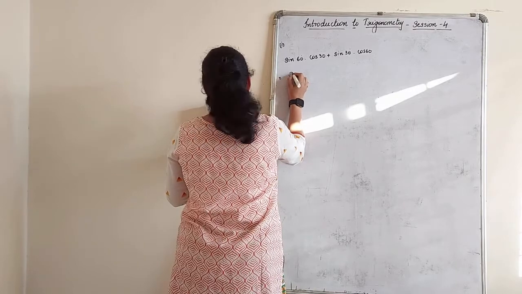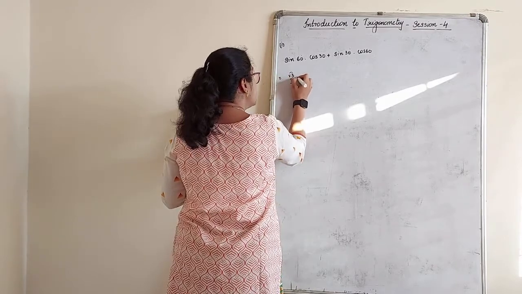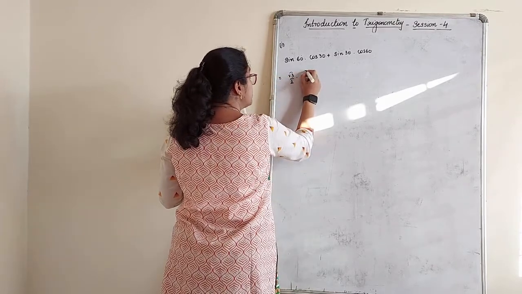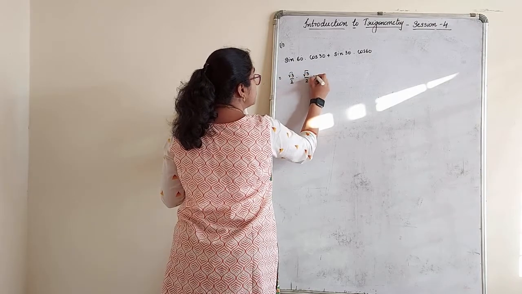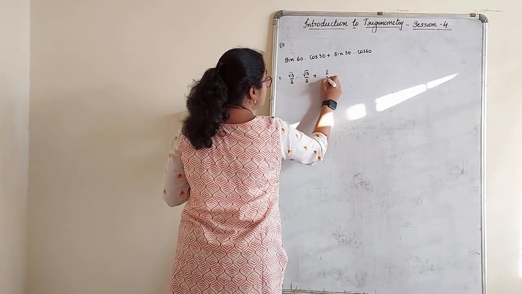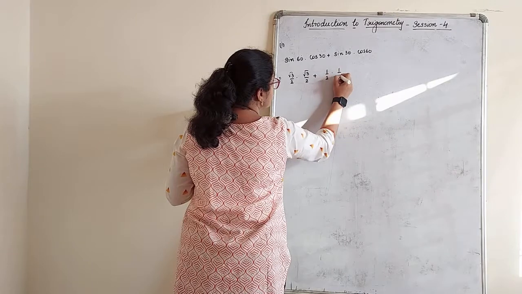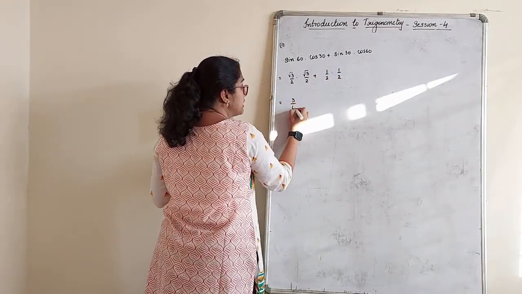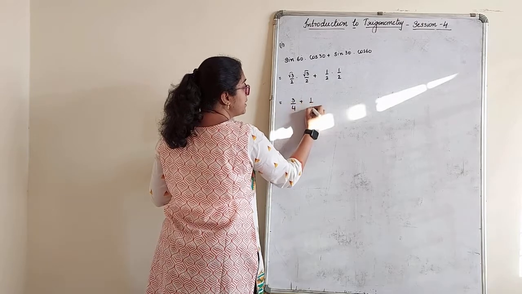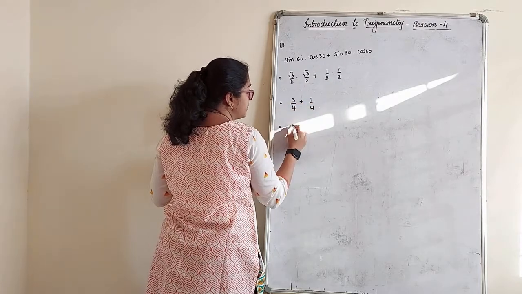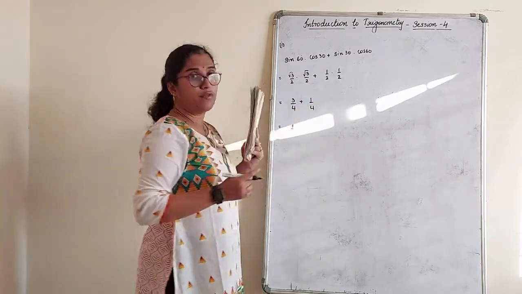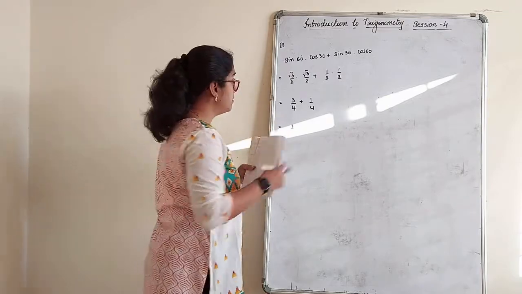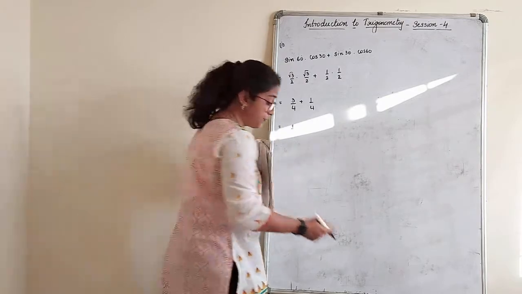Sine 60 is root 3 by 2, into cos 30, which is root 3 by 2. Sine 30 is 1 by 2, cos 60 is 1 by 2. Root 3 into root 3 is 3, divided by 4, plus 1 by 4. What is 3/4 plus 1/4? The answer is 4 by 4, which is nothing but 1. This is the way you simplify.